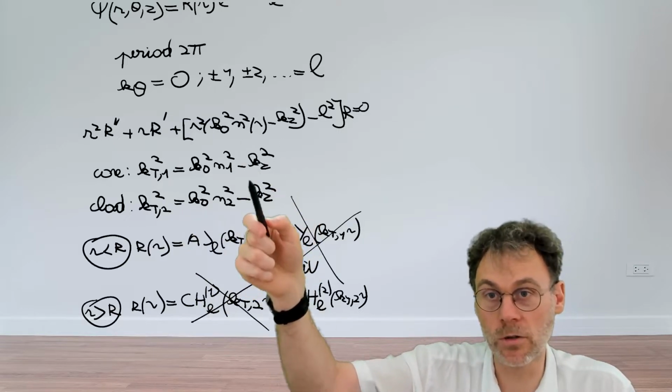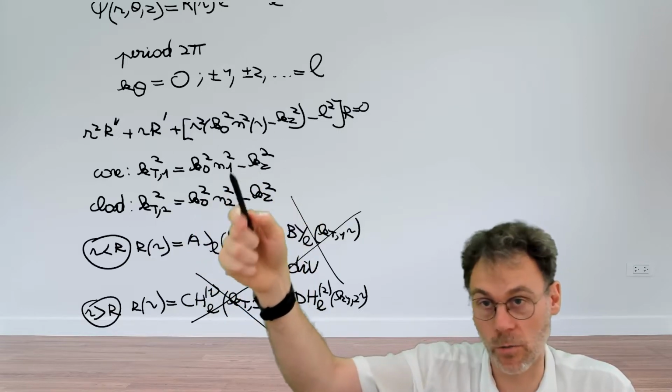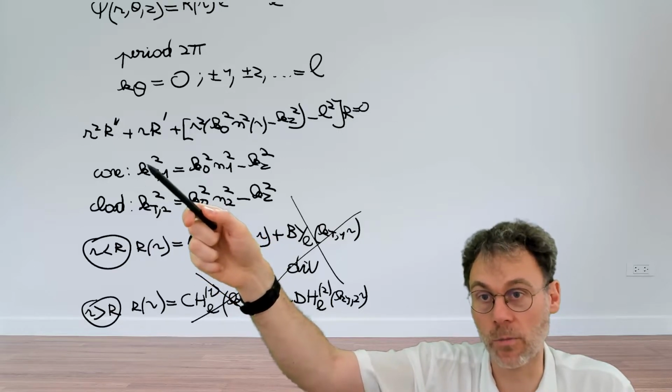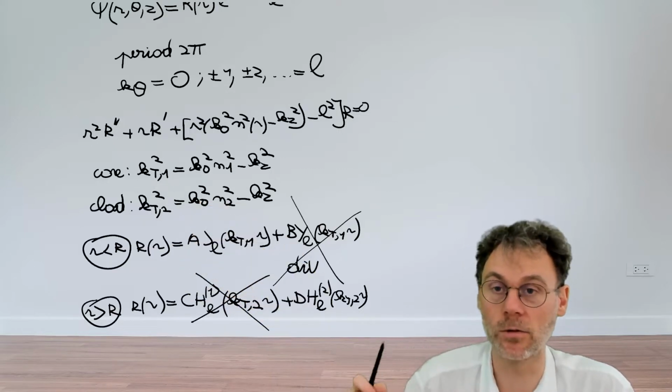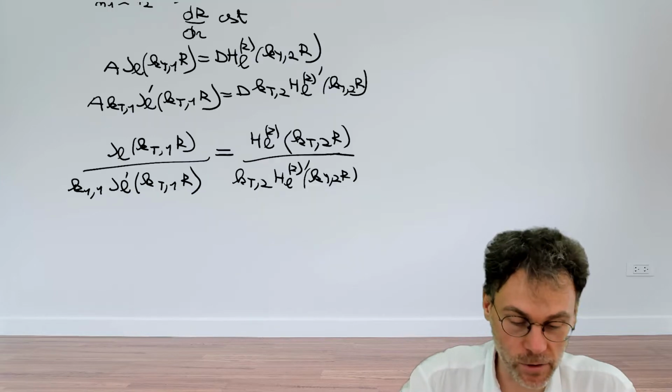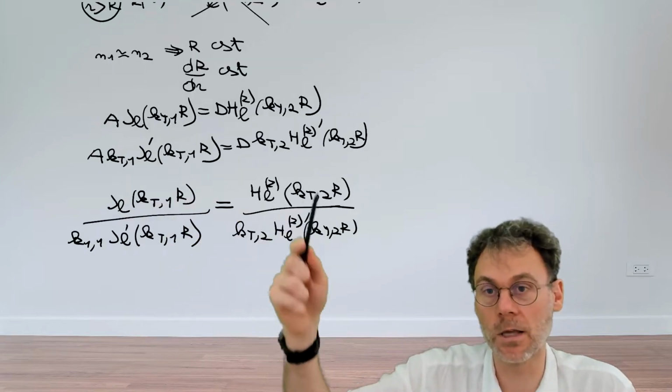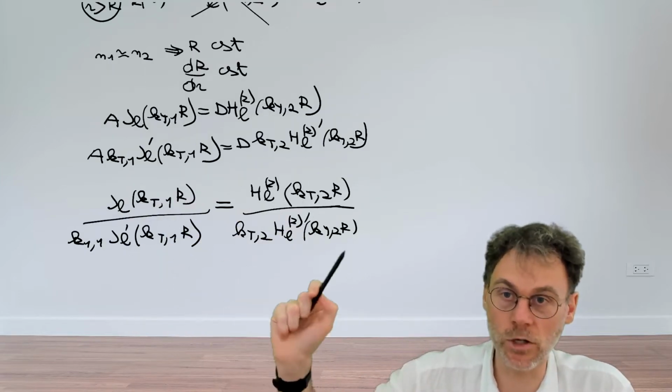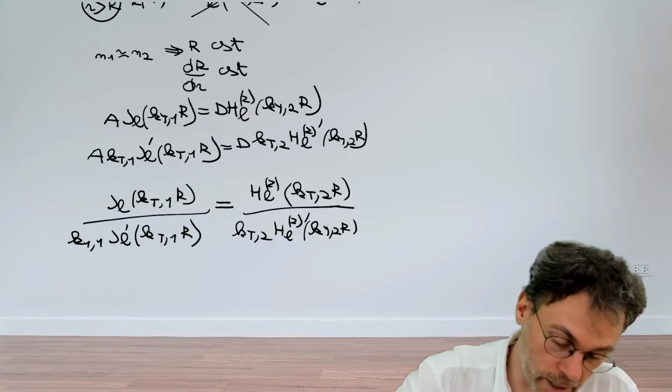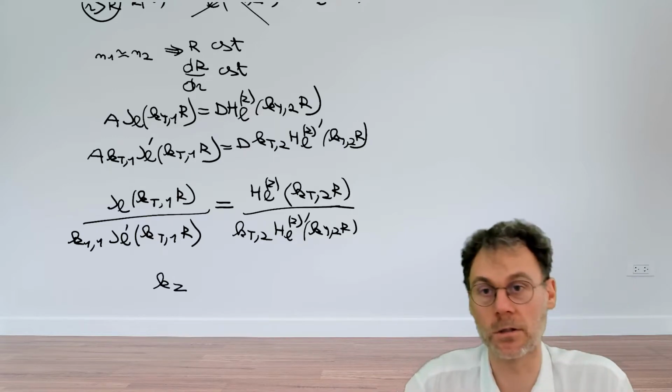So as soon as you know kz and you know the geometry of the problem, then you can calculate both kt1 and kt2. This equation over here, although it doesn't really look like it, is a single equation with a single unknown, and the unknown is the propagation constant kz.